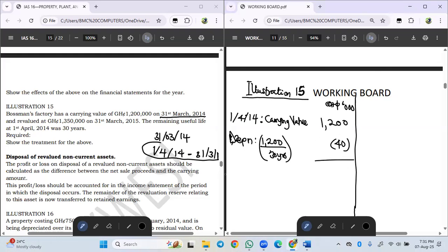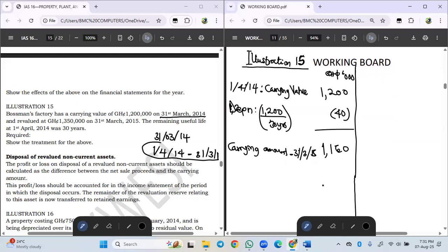Okay, so please find the difference for me. So this one will be the carrying amount. Oh, yes, the carrying amount. 1160. Okay. So this one will be carrying amount as at 31st March 2015.